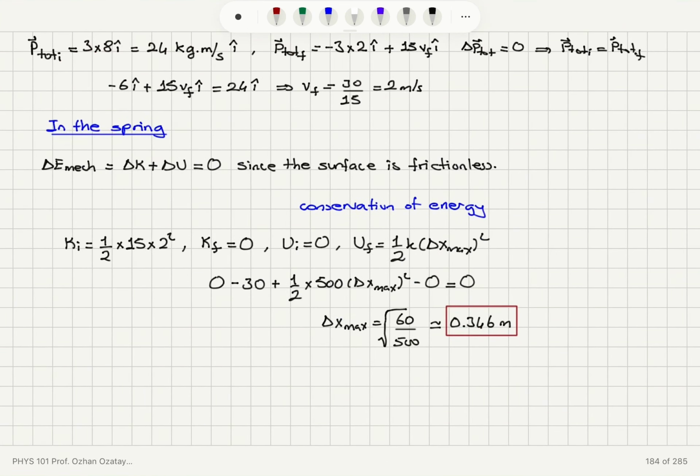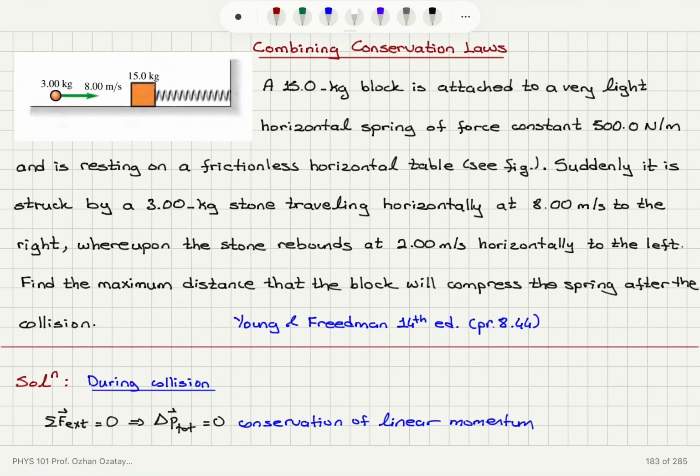So we write the momentum conservation, which gives us that right after the collision, when the stone rebounds with 2 meters per second to the left, the 15 kilogram block will start moving with 2 meters per second in plus I-hat direction. Then we concentrate on what is happening to the spring.